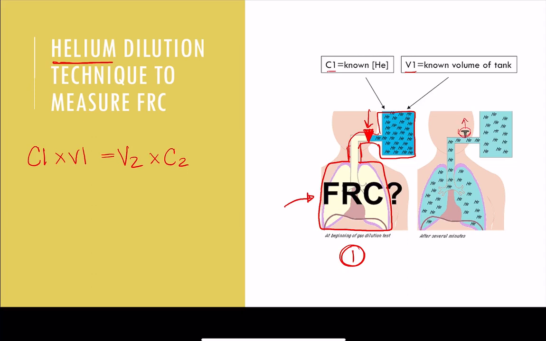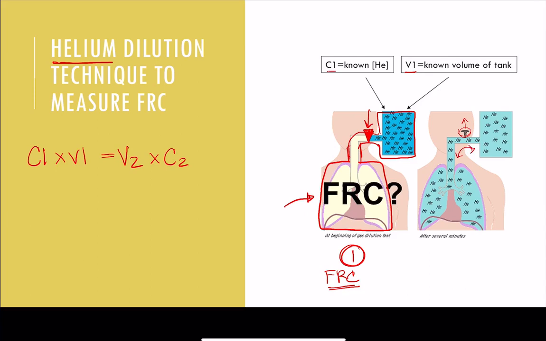So at the moment when they start breathing the helium in, the volume in their lung is the functional residual capacity, right? Because at the end of a resting breath, they have exhaled to FRC. At that moment, you open the stopcock, and now they can breathe freely only from the tank.